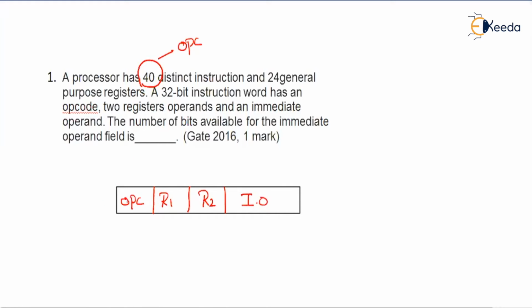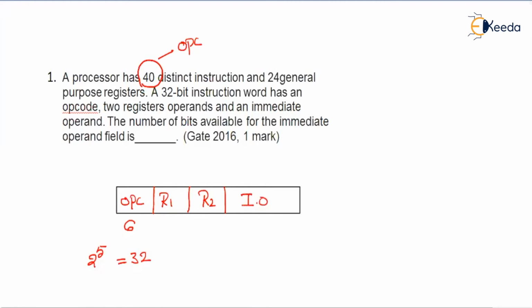So the opcode field requires the minimum number of bits needed to represent a total of 40. I require 6 bits, because 2 power 5 is equal to 32.